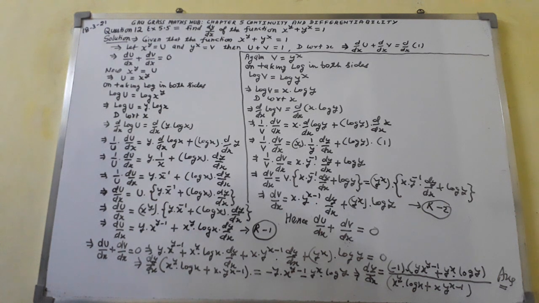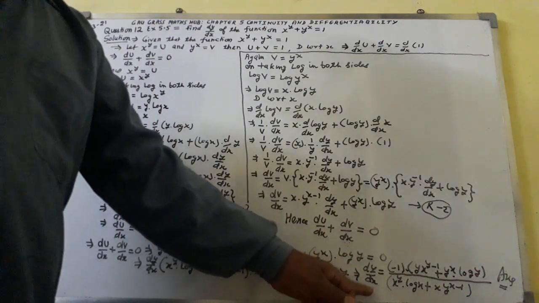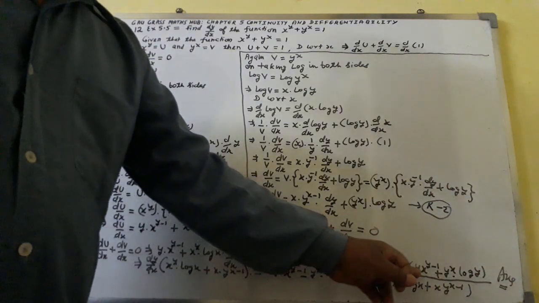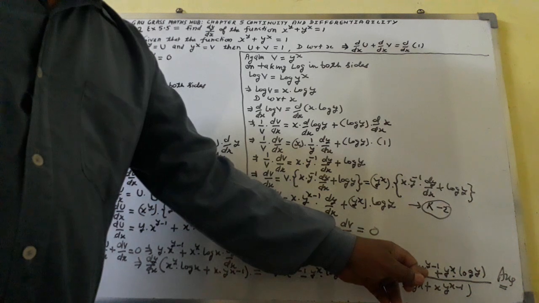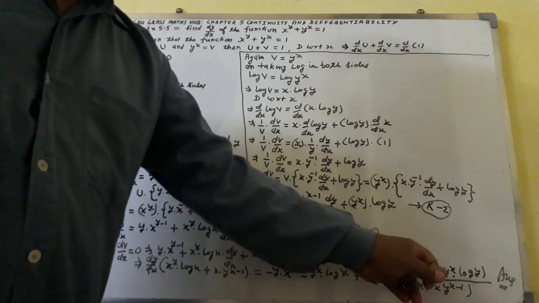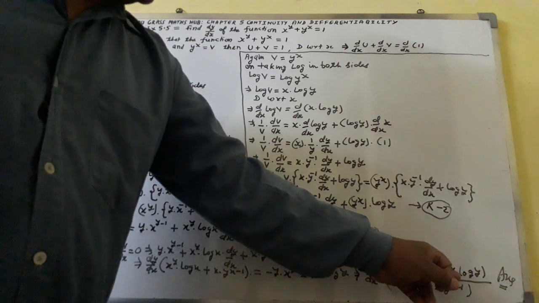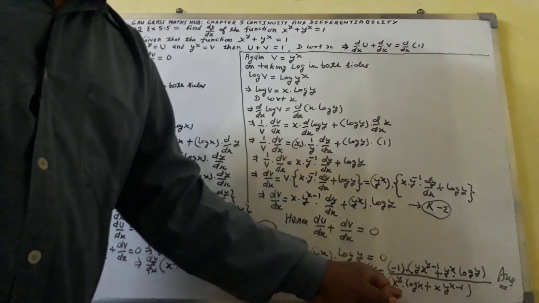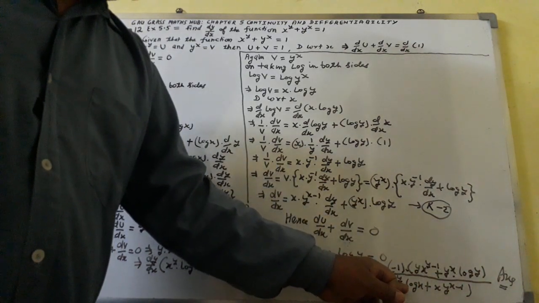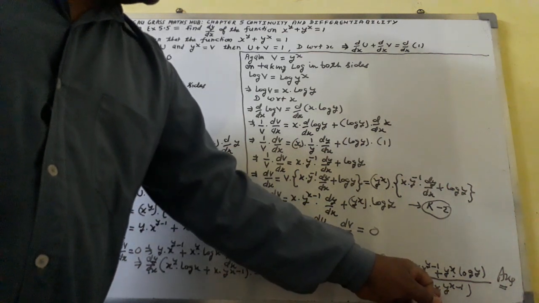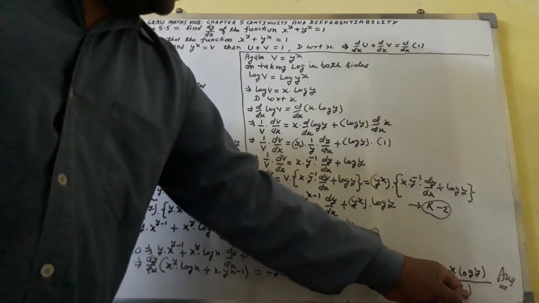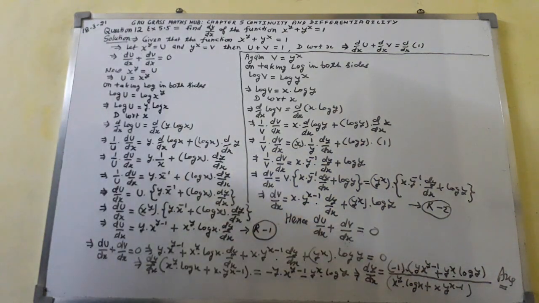This will be the correct answer. I have fully explained question number 12. The answer is dy over dx equal to minus 1 dot in bracket y x raised to the power y minus 1 plus y raised to the power x dot log y, whole over x raised to the power y dot log x plus x y raised to the power x minus 1, bracket close.